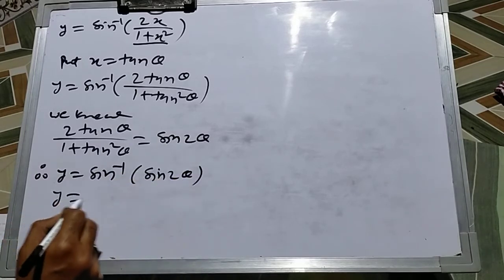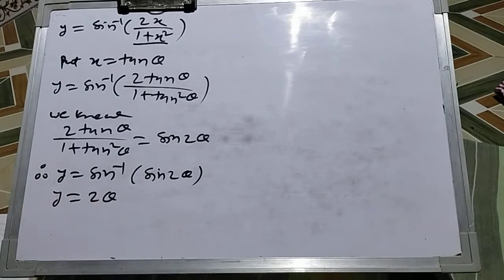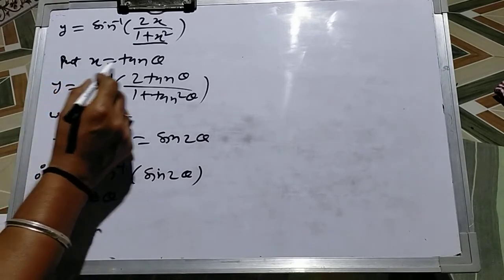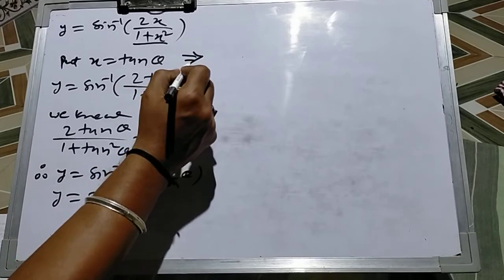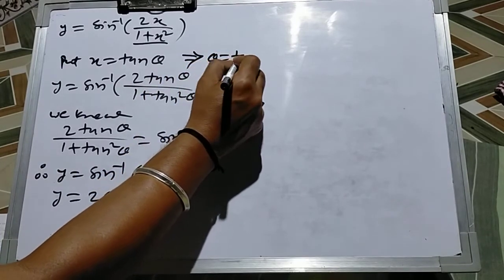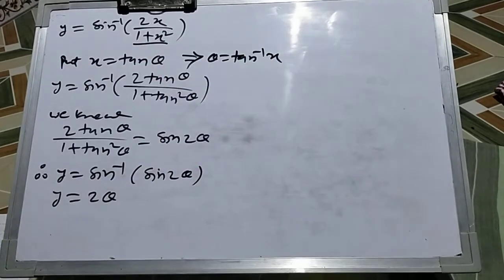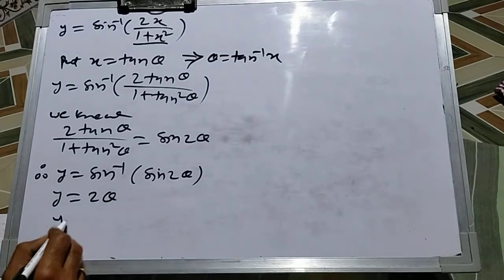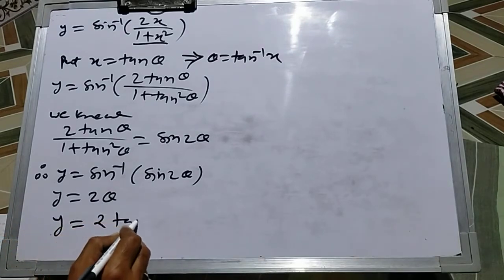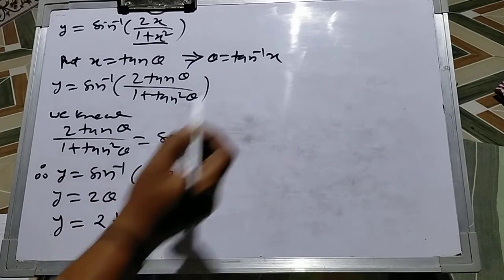So y is equal to 2 theta, because sin inverse of sin of theta is theta. Now again we are putting x is equal to tan of theta. This implies theta is equal to tan inverse of x. So y is equal to 2 tan inverse of x.